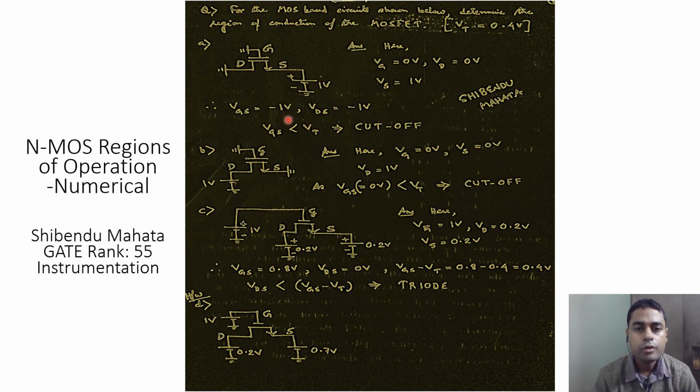As soon as we obtain negative 1 volt and compare it with the threshold voltage of 0.4 volt, we find that no channel has been generated between the source and the drain terminal because VGS is less than the threshold voltage VT. And therefore we can say that this particular MOSFET is in cutoff region.